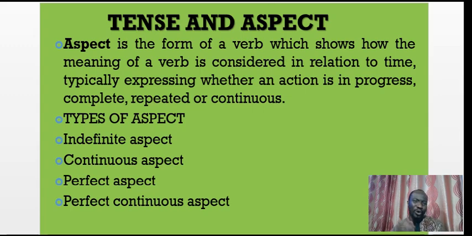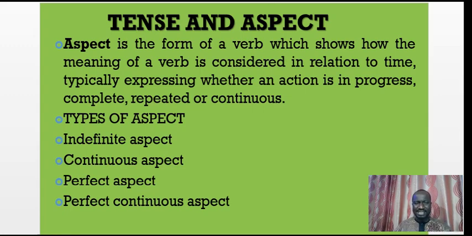It is also a property of a verb, typically expressing whether an action is in progress, completed, repeated, frequently occurring, or in continuous form. So this one relates itself to the tenses. That is why in English we treat them together, tenses and aspects, but they have different meanings.